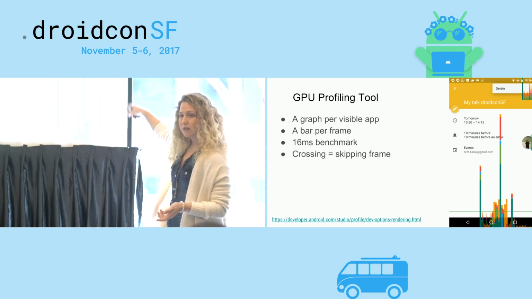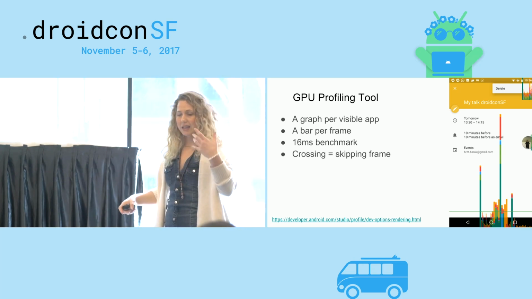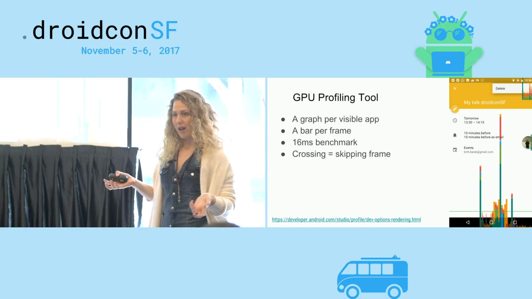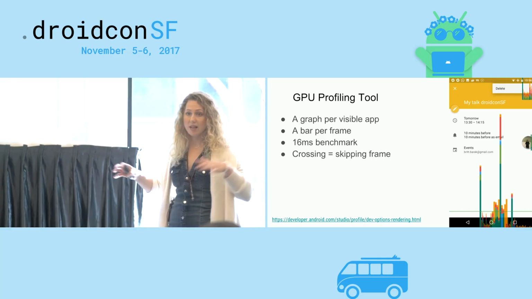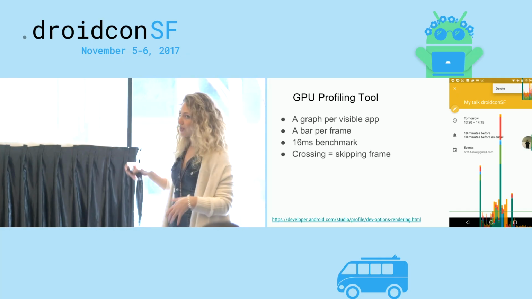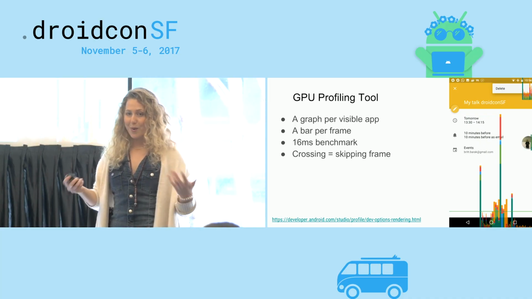For each surface, you see there are a few surfaces here, it gives us the situation for the GPU steps that we talked about before. The colors are the same colors and the steps are the same steps that we talked about in depth, so hopefully it makes more sense for you today.